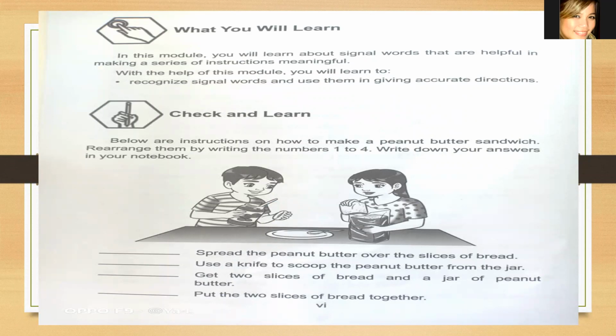In this module, you will learn about signal words that are helpful in making a series of instructions meaningful. With the help of this module, you will learn to recognize signal words and use them in giving accurate direction. Okay, so check and learn.